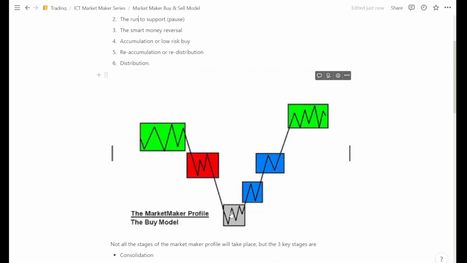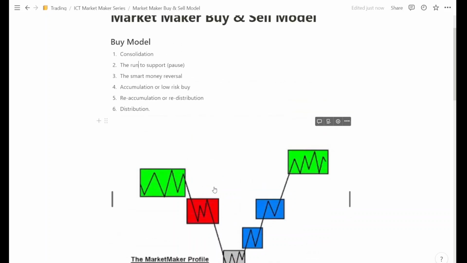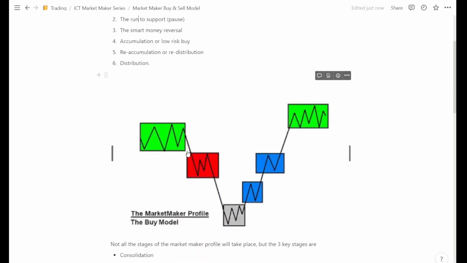support. Okay, that level of support can also be a fair value gap, an order block, or an old low. Generally, most of the time, it usually happens at an old low. Okay, the characteristics of this run to support or pause is that sometimes it will retest the low of the consolidation, the low of that initial consolidation, but price will move back up to retest it.